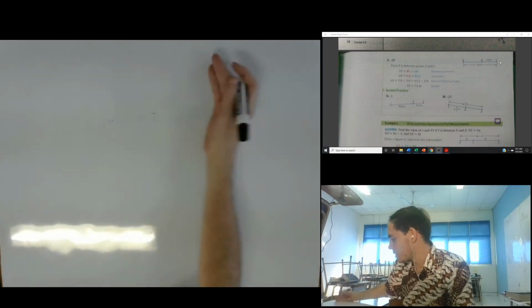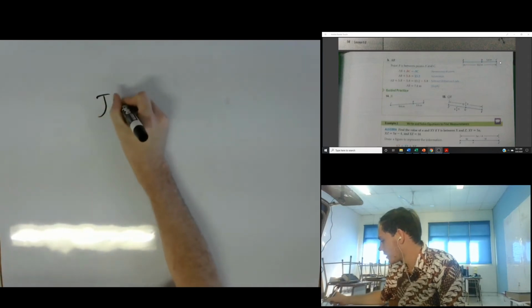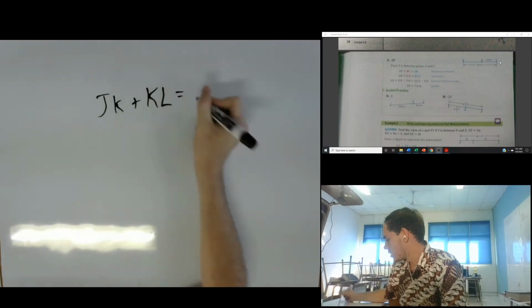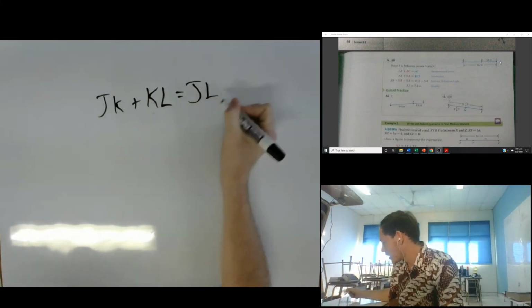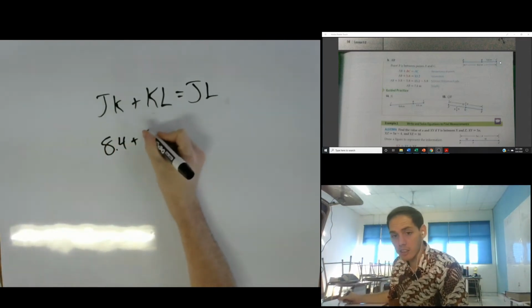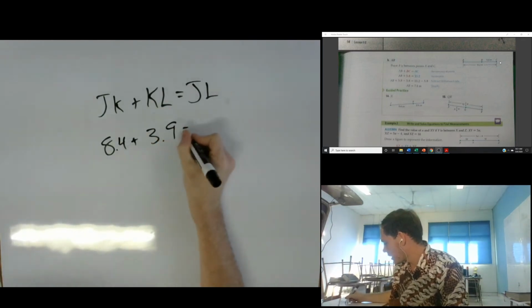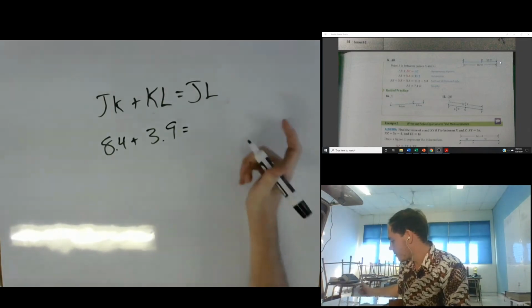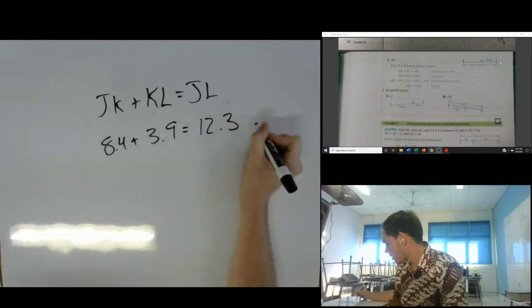If you didn't pause the video, I'm moving on. JK plus KL equals JL. JK is 8.4, KL is 3.9, and that equals 12.3.